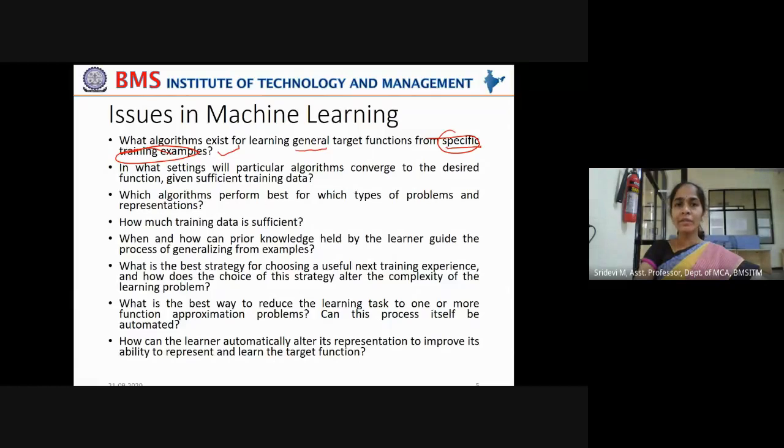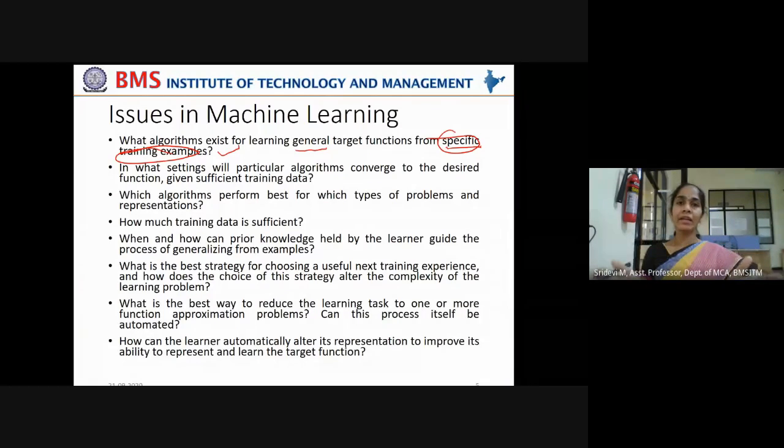What algorithms exist for learning a general target function from specific training examples? I'm trying to learn a general target function, one line which will explain the entire Indian student population's behavior.